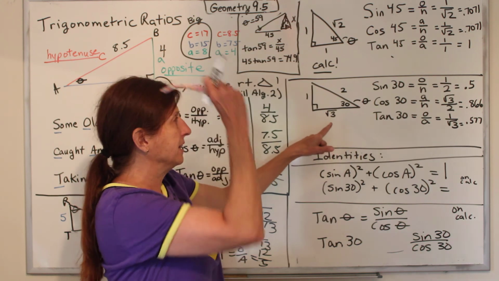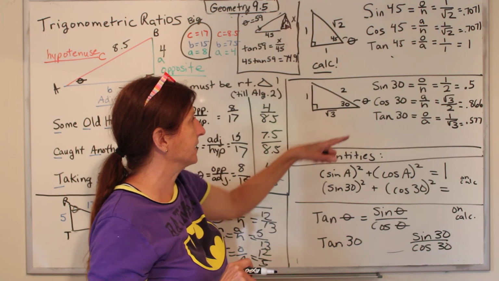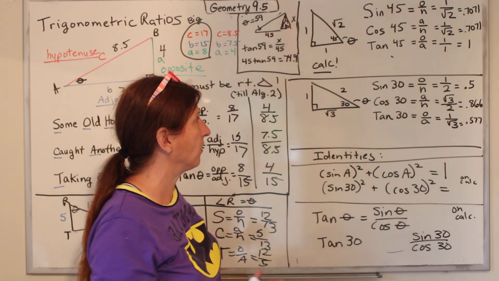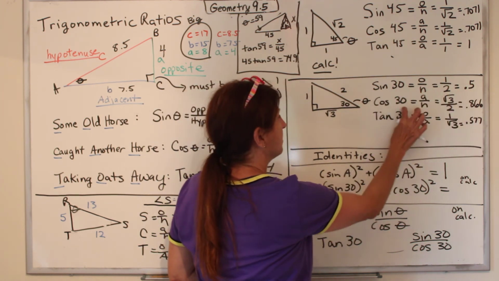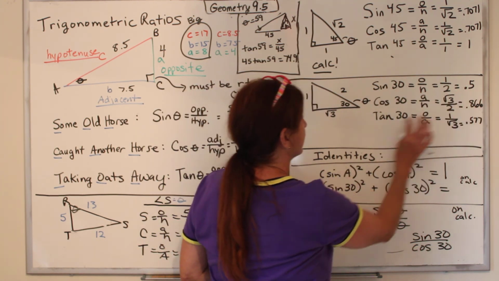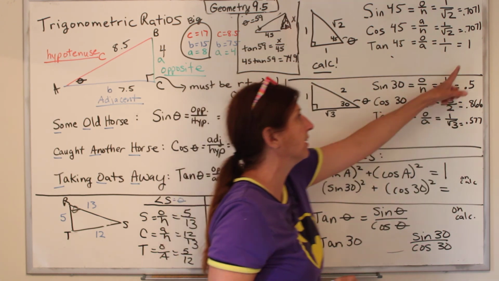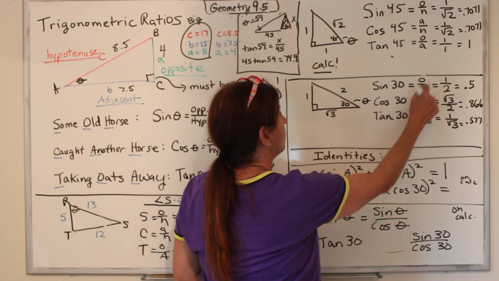Okay, same thing with this one. They showed you with a 45, 45, 90, and here is a 30, 60, 90. Our theta this time is 30. And so we know that the sine of 30 is 0.5, the cosine of 30 is 0.866, and the tangent of 30 is 0.577. If you put it on your calculator, that's what you'll get. But you can also do it the other way. Some Old Horse.